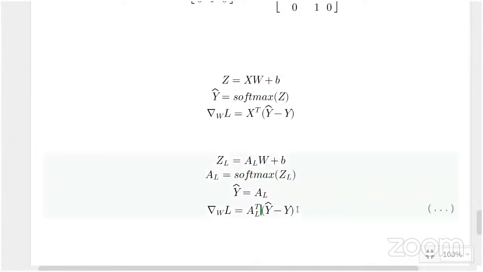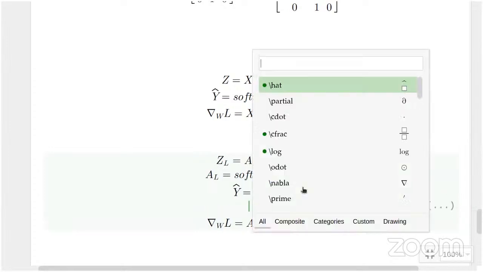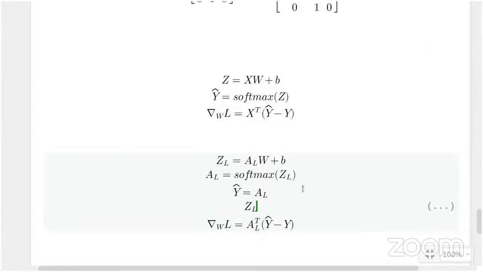In the case of neural networks, this is what I'm calling ZL G, right? Now you will see how the whole thing, I mean, it is still tough to see. I don't deny that.